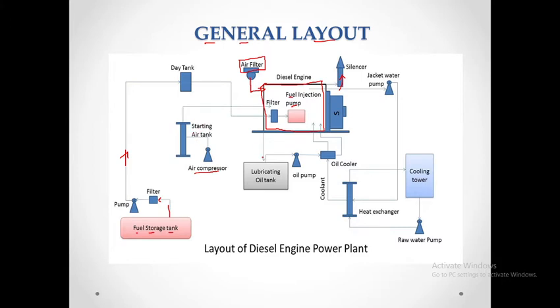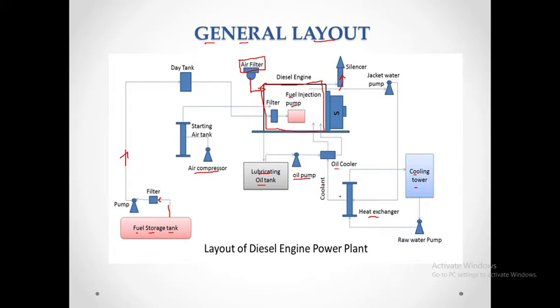Then for lubrication, we are using the lubrication oil tank, and for the supply of the oil we require the oil pump. Then from the cooling tower, the raw water pump supplies water to the heat exchanger. In this way this cycle will be completed, that is raw water pump to heat exchanger, then to the cooling tower.